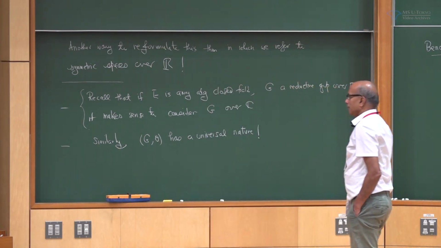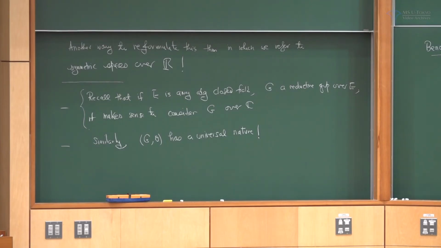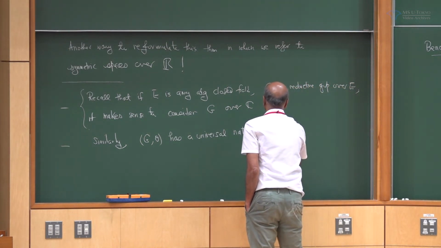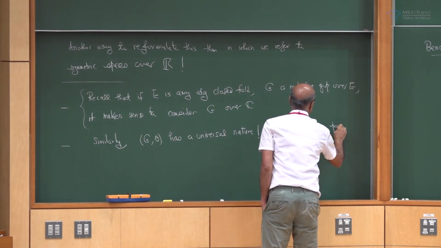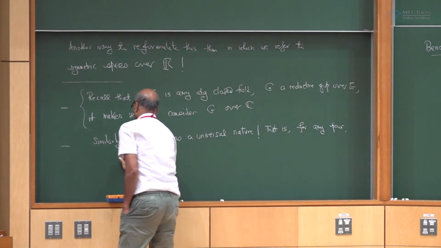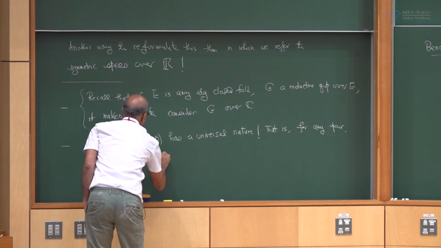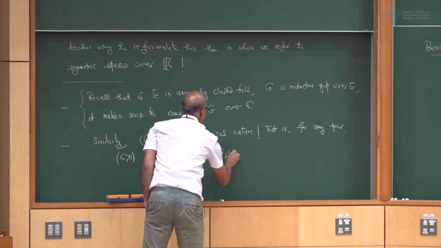Which means that even if the group and the involution were given over a given field, you go to the algebraic closure of that field, and then you can transfer this data to (G, theta) over C. That is, from any pair (G, theta) over F, over E, there is a canonical way to associate a pair (G, theta) over C.